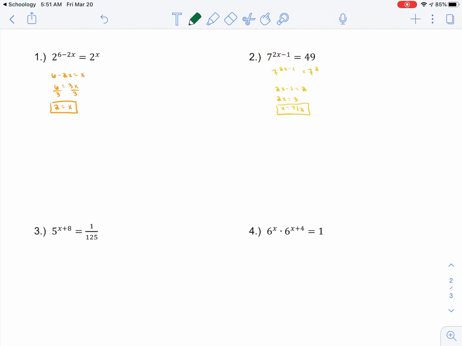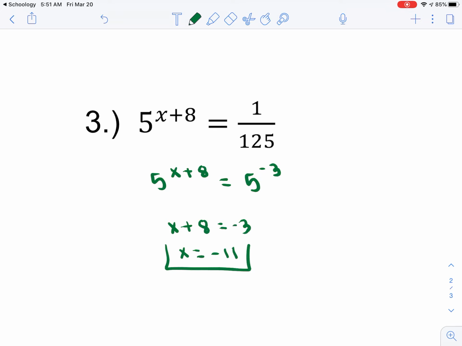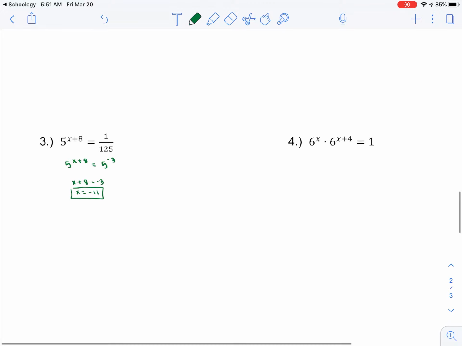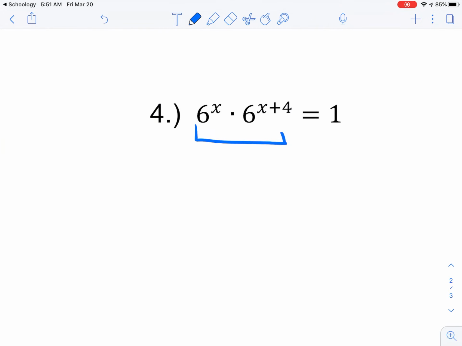On the next problem, they do not have the same base, but I'm seeing a fraction, which makes me think negative exponents. I can rewrite this as 5 to the -3rd power, and then I can set my exponents equal. And there we go. And then the final problem in the set, using the properties, we can combine this into 6 to the 2x plus 4 power, because remember we're adding those exponents.